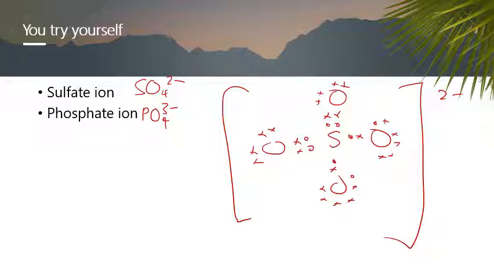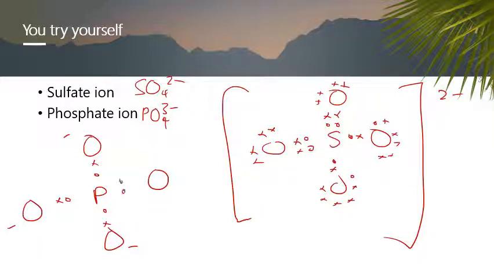Phosphate, PO4 3 minus. So which means 3 of these oxygens now only form 1 bond. And the other oxygen forms 2 bonds. Then you fill in the rest of the electrons.